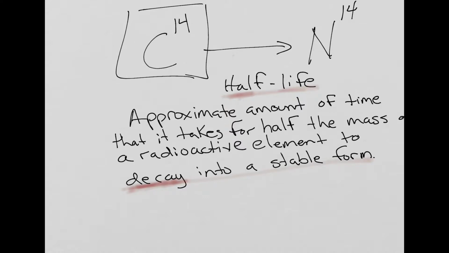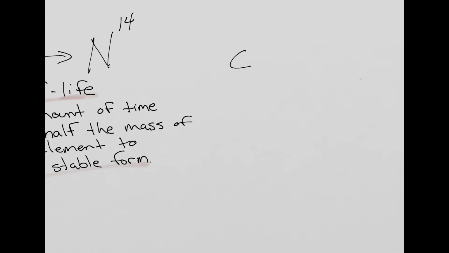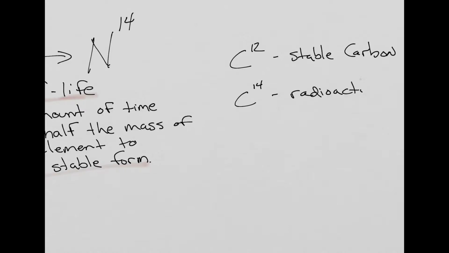Now, stable carbon is carbon-12. And one radioactive isotope of stable carbon is carbon-14. Carbon-14 is radioactive carbon. Now, there can be more than one isotope for a radioactive element, but in this case, we're talking about carbon-14.